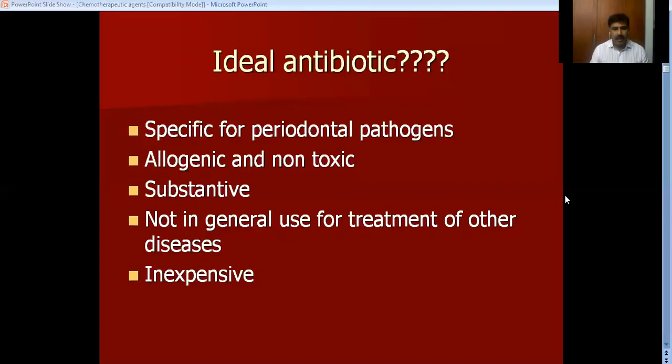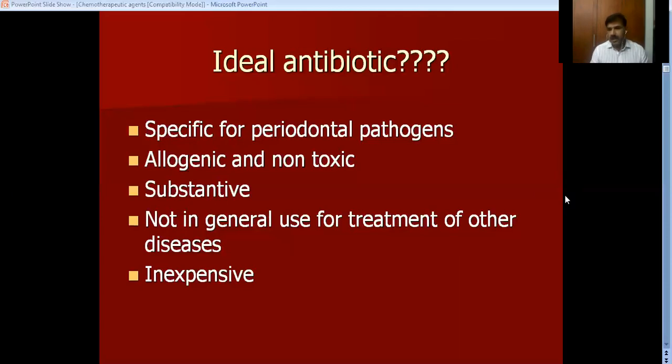Now, to date, let me say that there is no ideal antibiotic for periodontal infection. You cannot say that one single miracle drug exists by which you can eliminate all periodontal pathogens. No, but there are some features that an antibiotic should have so that you can say it's an ideal antibiotic. What are they? It should be specific to periodontal pathogens.